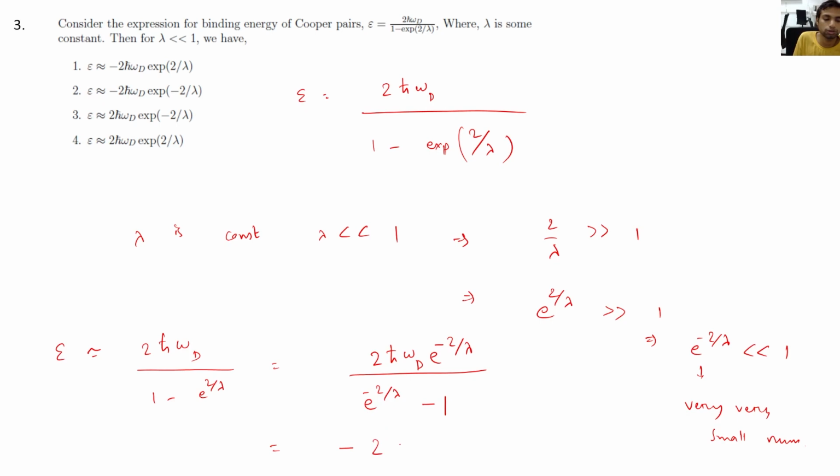So it is minus 2 h bar omega d e to the power minus 2 by lambda. So this would be your correct answer.